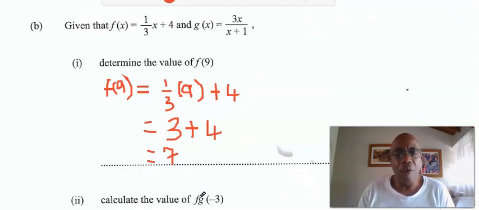So therefore f of g of -3 means to find g of -3 and substitute the answer in f. And we have g of x equals 3x over x plus 1. So to find g of -3, we simply substitute -3 for x in g of x. So let's do it.